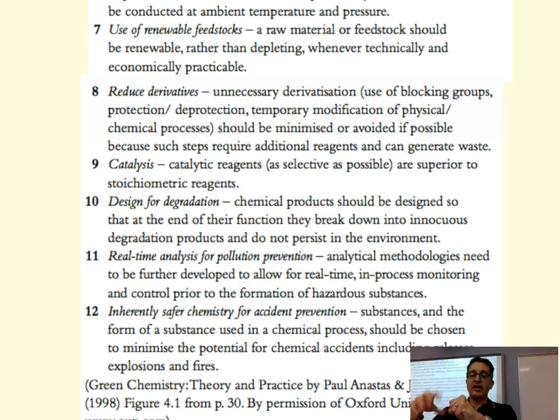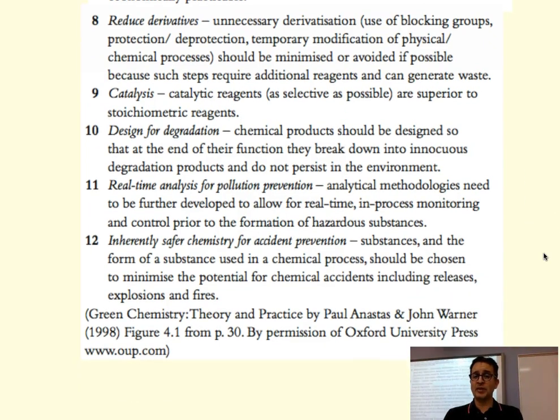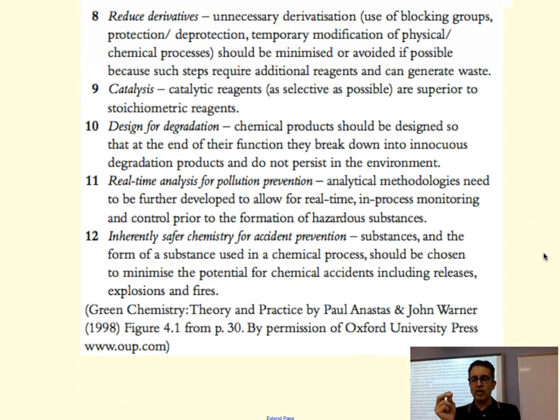If you can have 1 and it can produce 10, 30, 40, 100 times that reaction, that's much better. An important factor here is number 10. The design of the chemicals should be so they degrade. This is not only for medicine, but for many other things. We are now starting to develop our plastics so they will biodegrade eventually. It's still not there yet, but we are moving in the right direction.